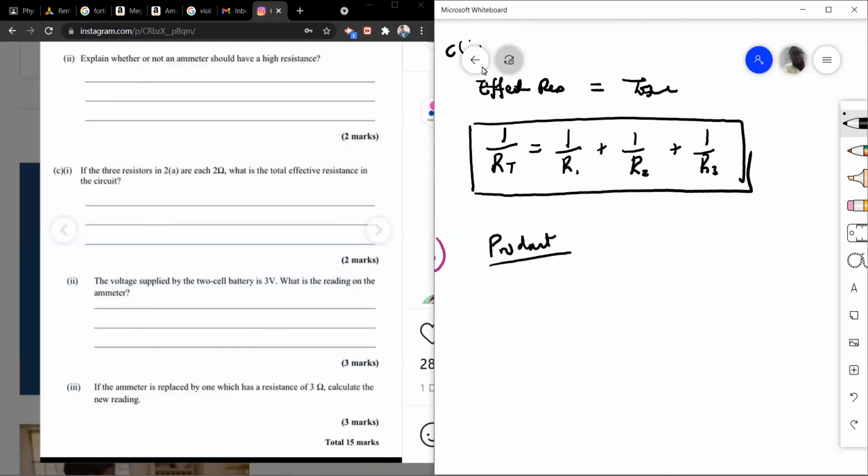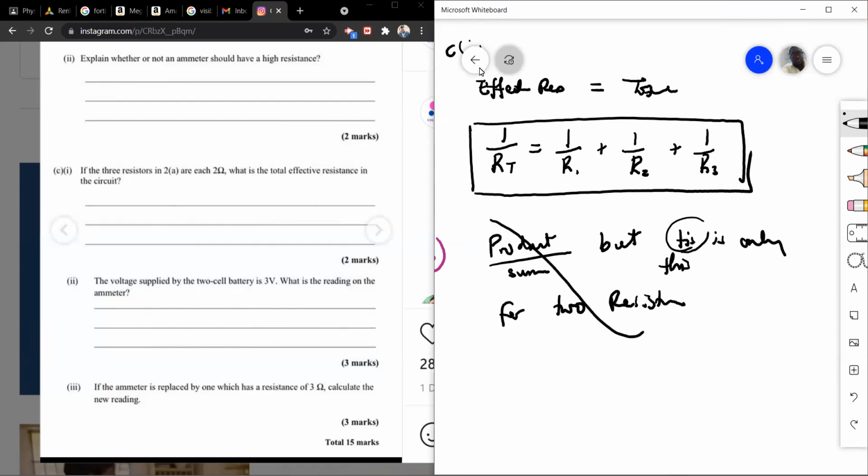That's only for 2 resistors, so we can't use it for this question.